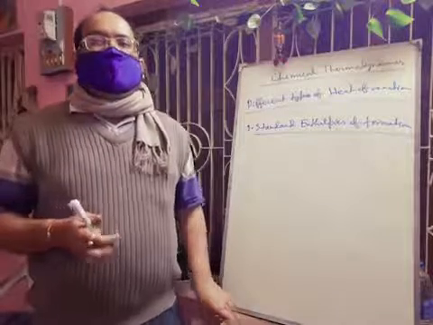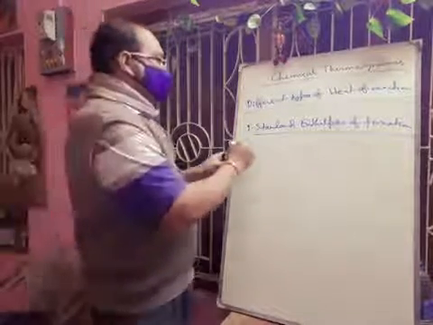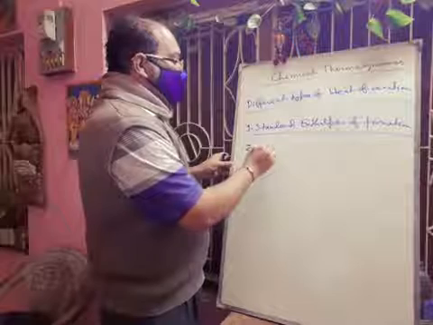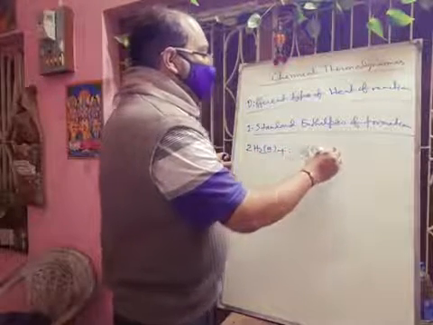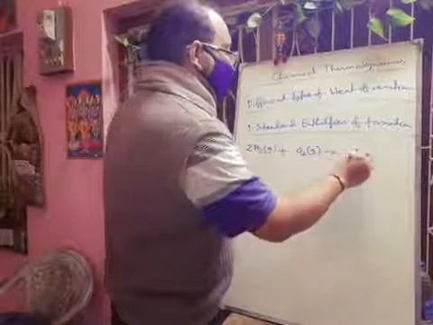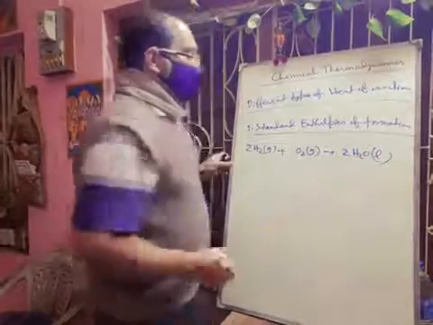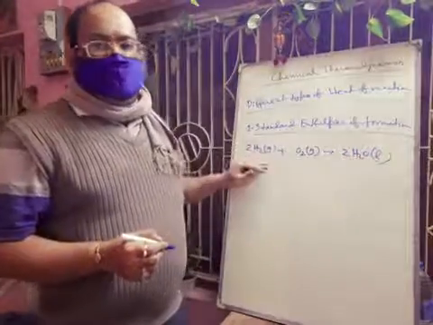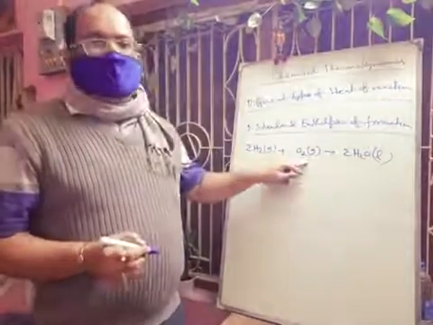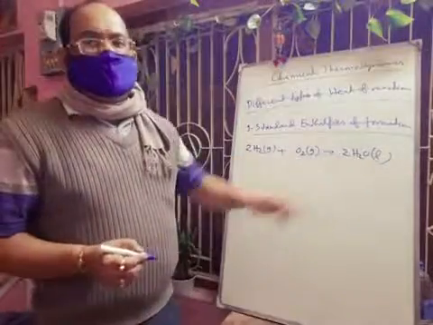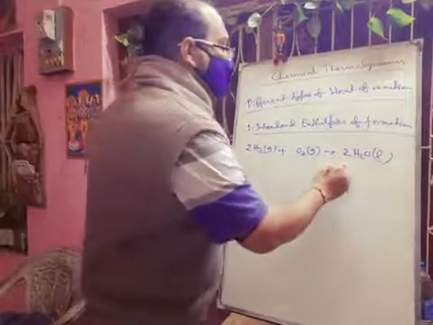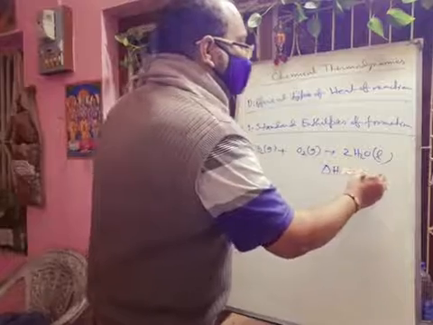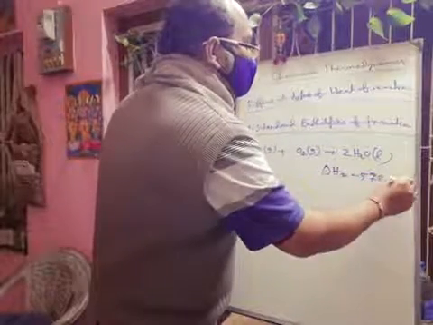Suppose we think about the formation of water: twice H2 gas is reacting with oxygen gas forming twice H2O liquid. So here hydrogen is reacting with oxygen gas forming liquid. Just now we have seen that delta H value is equal to minus 572 kilojoule per mole.